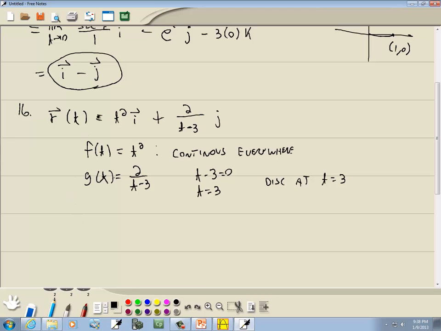Which means my vector valued function is continuous from negative infinity, and this is assuming that negative values make sense for this particular problem for t, up to 3, and then parentheses under 3 means we don't include it, union 3 to positive infinity. And that'd be your answer.